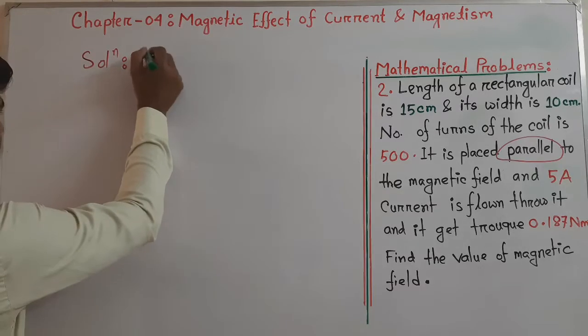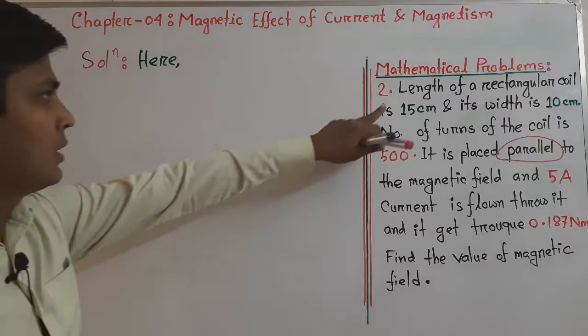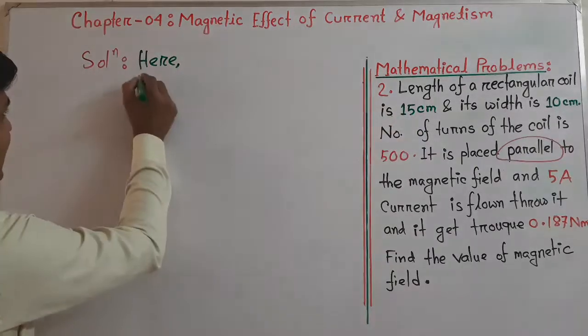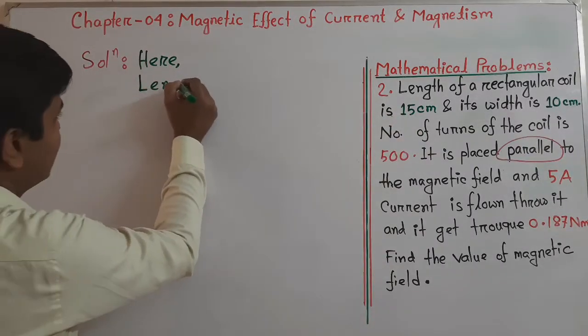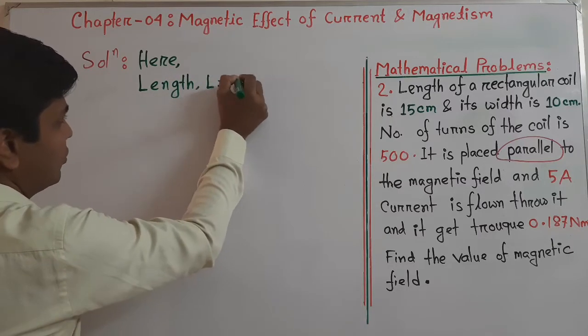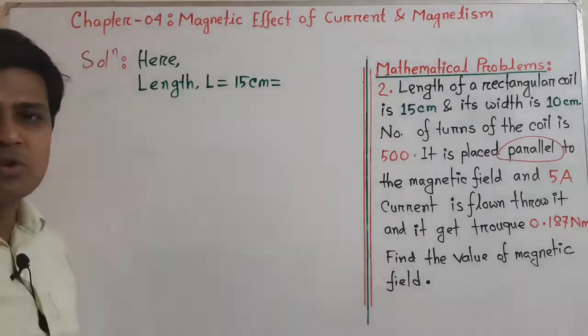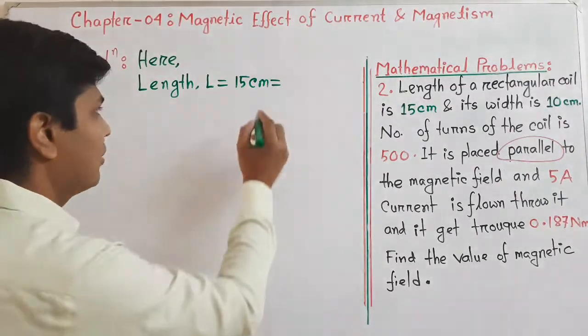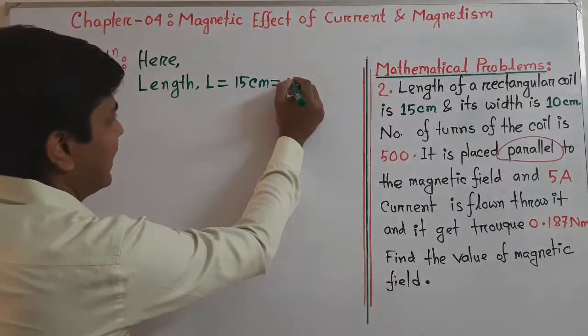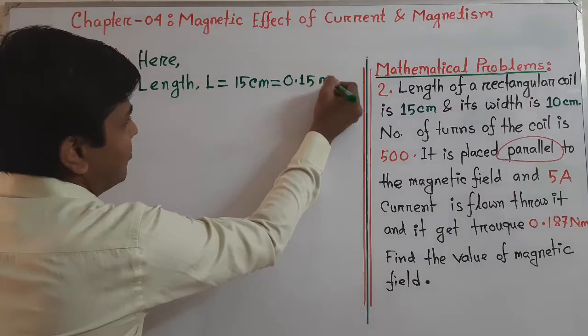Here the length of the rectangular coil is given, length L equals 15 centimeter. We have to convert centimeter to meter, so we divide by 100 and we get 0.15 meter.